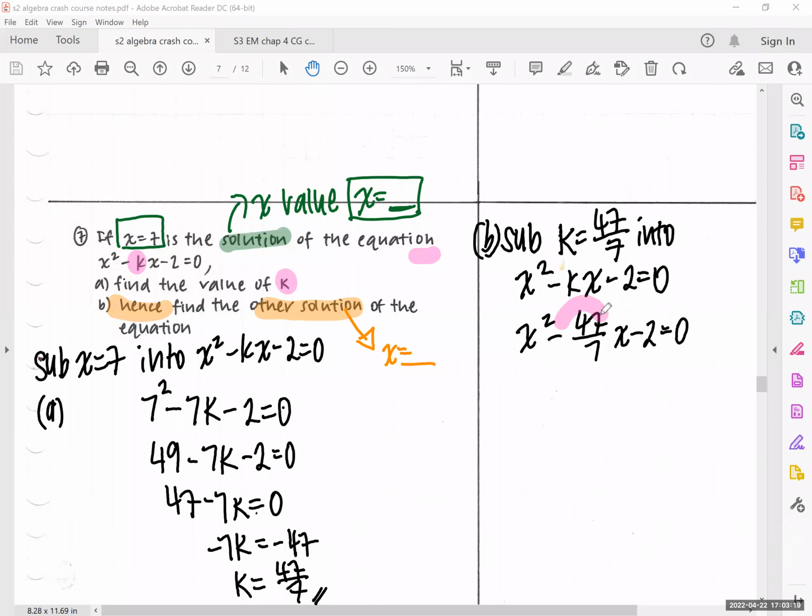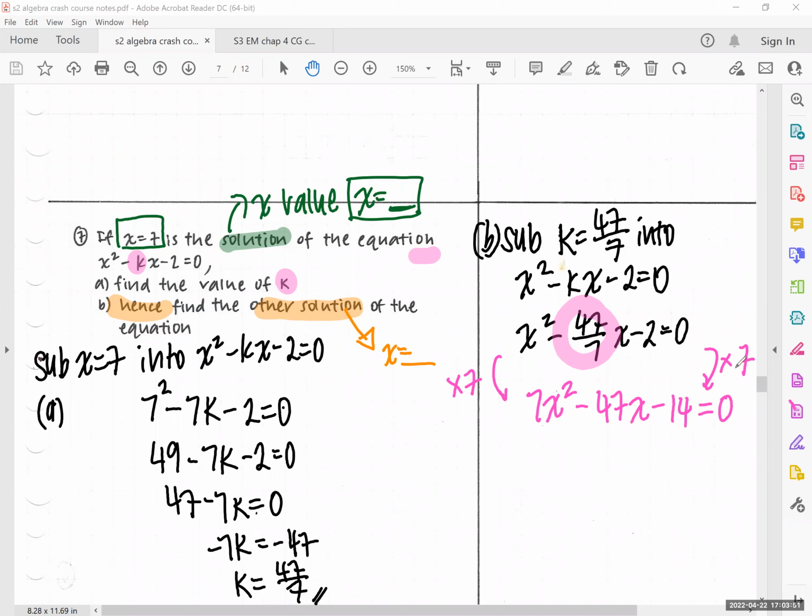In order to get rid of the fraction, what is the denominator? Exactly. So just times 7 to everybody. Done. So when I times 7 to everybody, what do I have now? 7x squared ... equals 0.